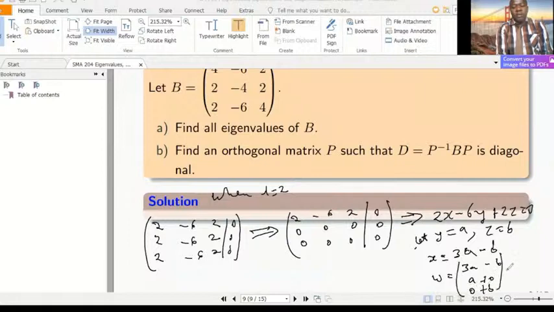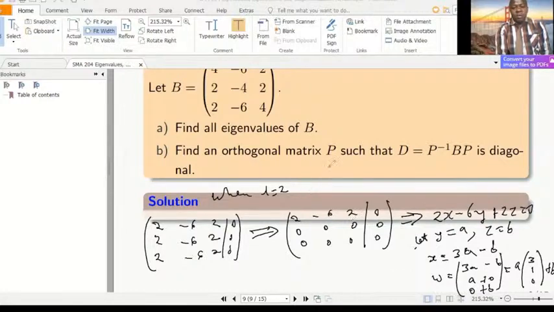In fact, what we are saying here is a times (3, 1, 0) plus b times (negative 1, 0, 1).